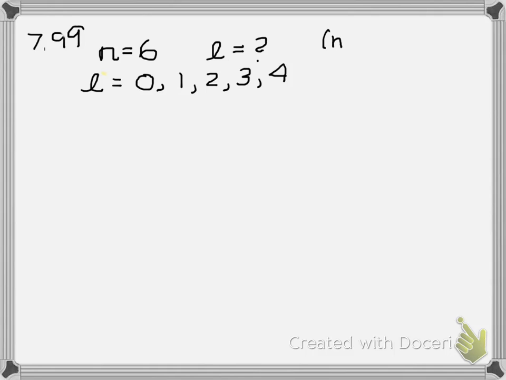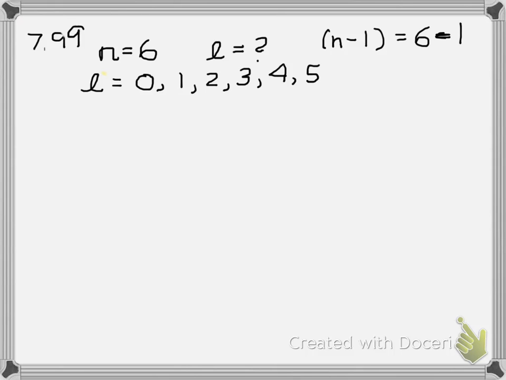Now n minus 1 for this case would equal 6 minus 1, so that would be 5. So it could only go up to 5, and so for n equals 6, l could have the values of 0, 1, 2, 3, 4, and 5.